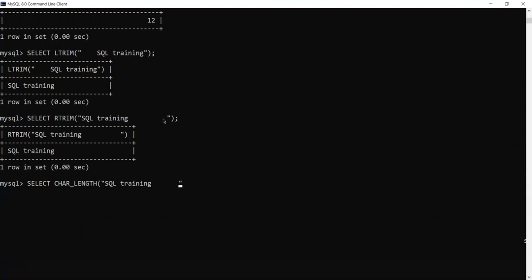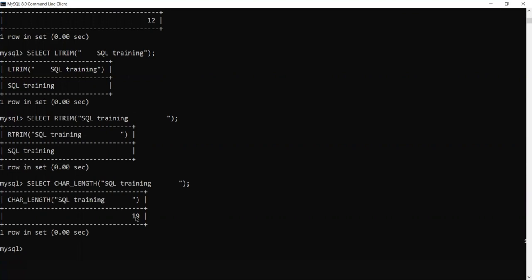So when I pass this, I have a total character length of 19. So 1, 2, 3, 4, 5, 6, 7, 8, 9, 10, 11, 12. So we have 12 character length. Originally, SQL space training is 12 characters and we have additionally added 7 spaces here, so my total length comes to 19.